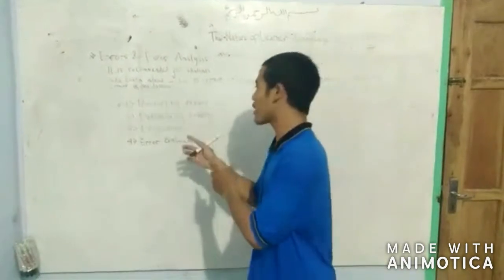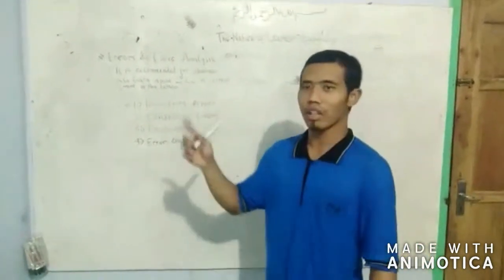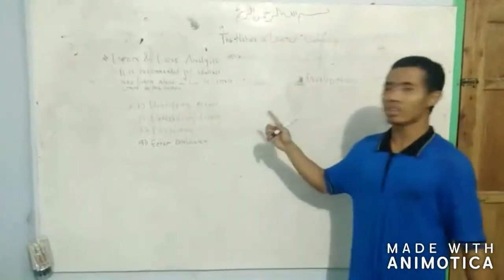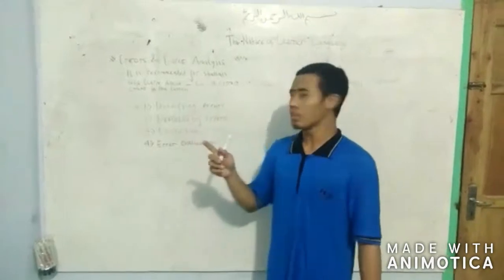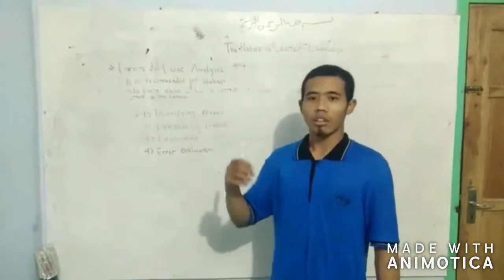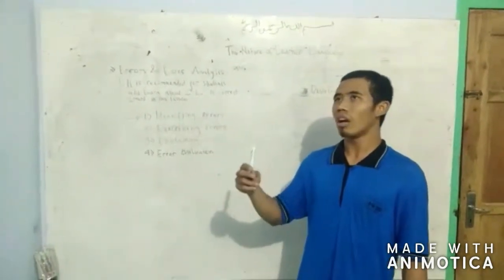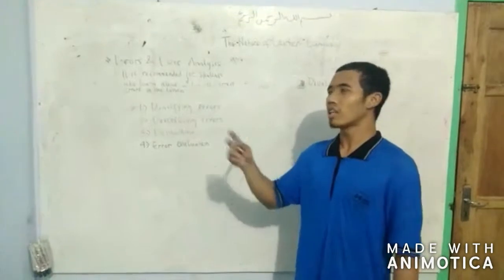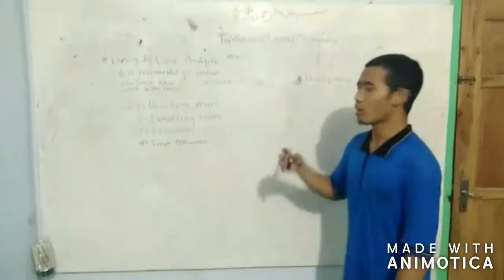And the second, describing errors. After we identify the errors in the lesson, we should describe them: why the error is wrong and why the lesson is an error. And the third, explaining errors.